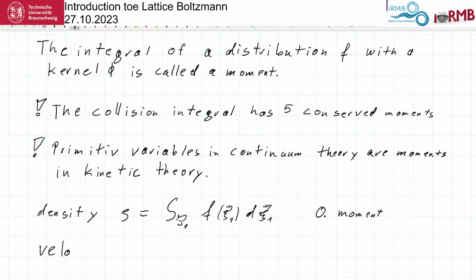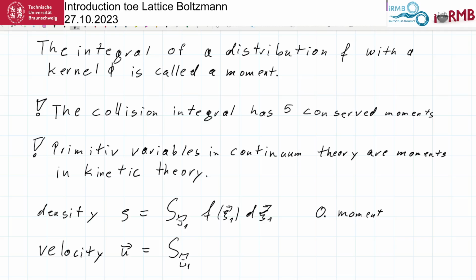Then there is velocity u. There's a little bit of a problem because in order to actually get the velocity instead of the momentum, we have to scale the distribution. This is what I mean: you can define different moments getting different results. You can define a moment as being the momentum. Never confuse momentum with moment.